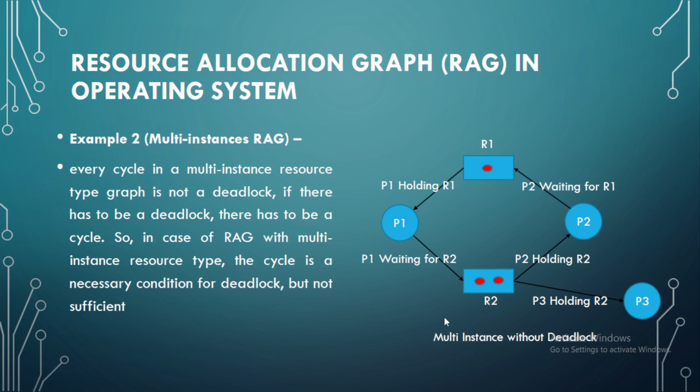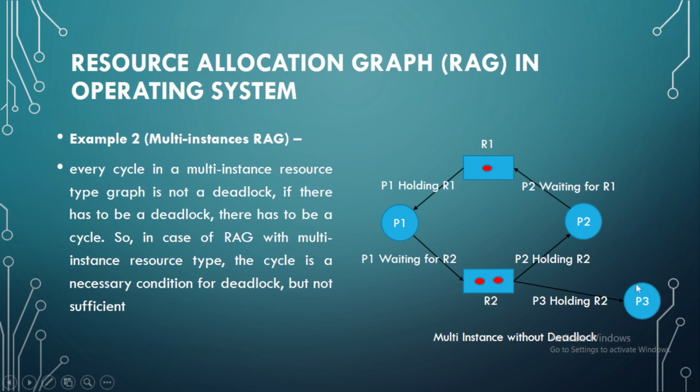Here we have multiple instances of resource R2. R1 is held by process 1, one instance of R2 is held by process 2, and another instance of R2 is held by process 3. Here there is a cycle, but the R2 instance is held by process 3, and you can see process 3 doesn't need any other resource.